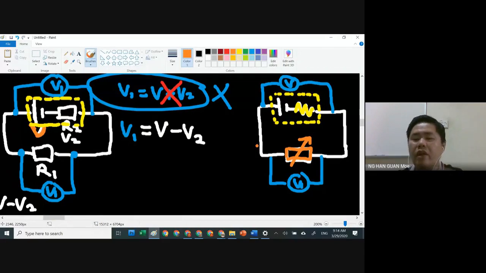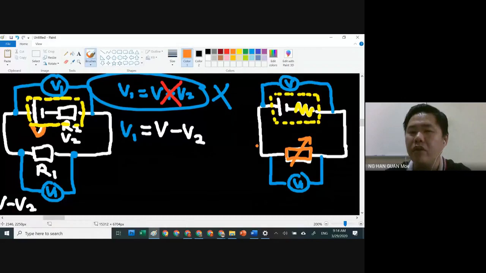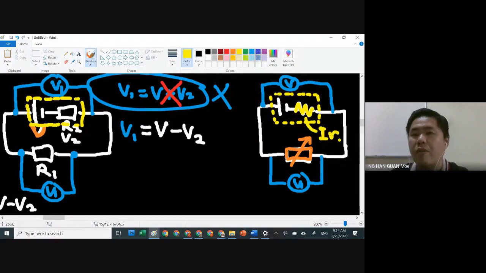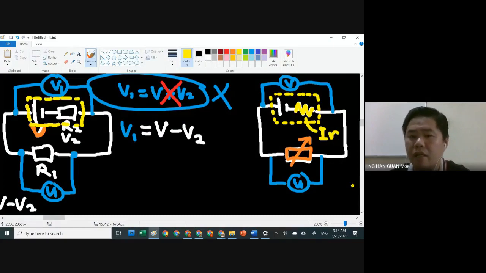When we vary the rheostat to increase the current, the result V gets less and less as the current gets higher and higher. Why? When the current gets higher, the I multiplied by R result will be higher.